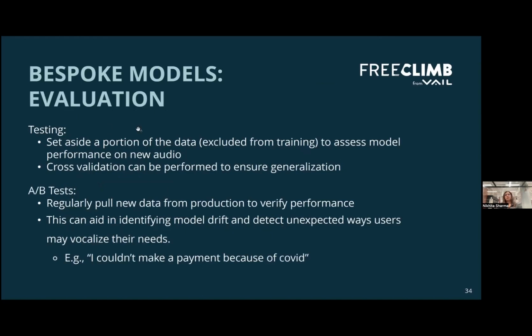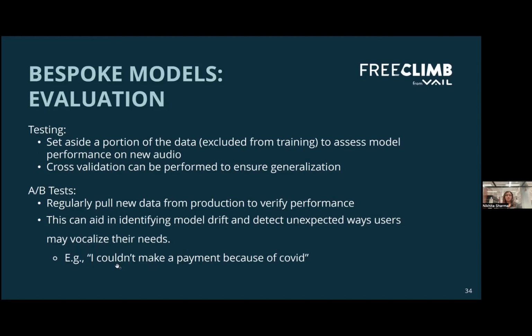I did mention monitoring the model. You can regularly pull data from production and verify the performance. Again, this can help in identifying if there's any drift, if there are unexpected ways users are talking to the system. For example, before COVID, nobody was really using the word COVID with a customer service application.